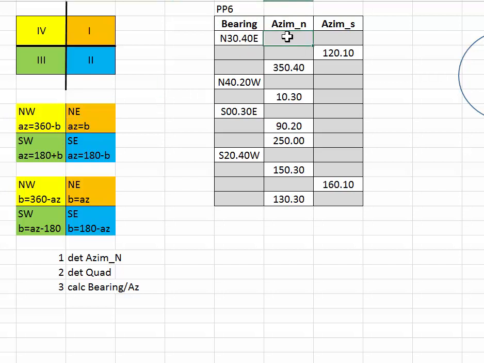So this one would be 30 degrees, 40 minutes. That's a no-brainer, because it's in the northeast quadrant when you're given a bearing. When you're given an azimuth, you don't know the quadrant unless you sketch it out. In this case, you're given 120 degrees.